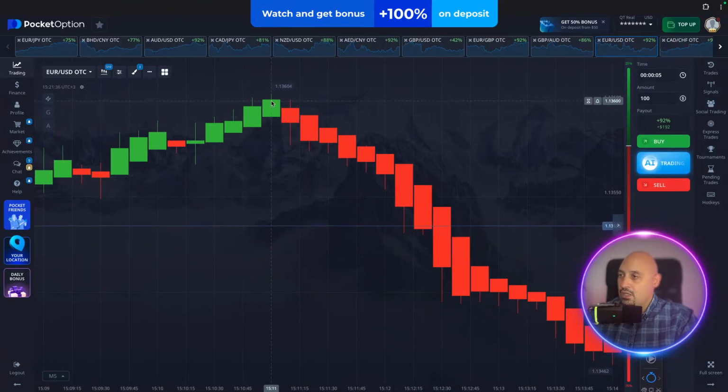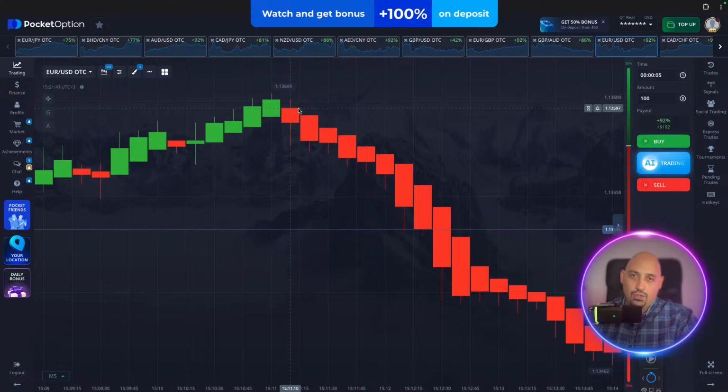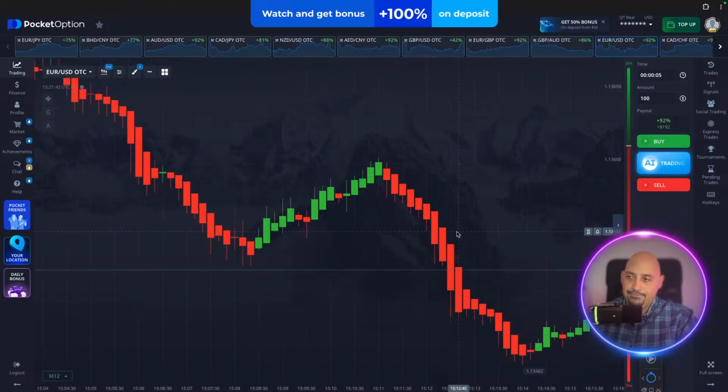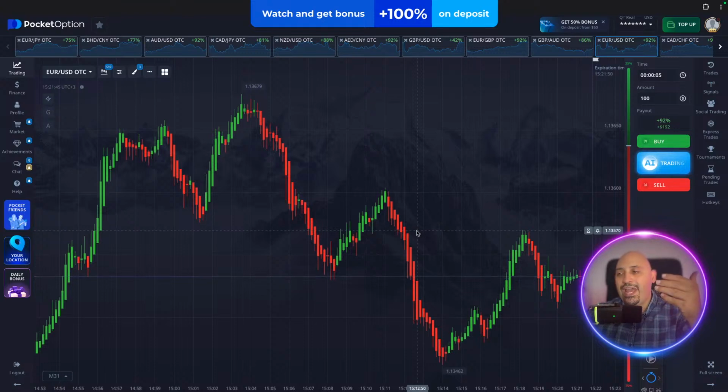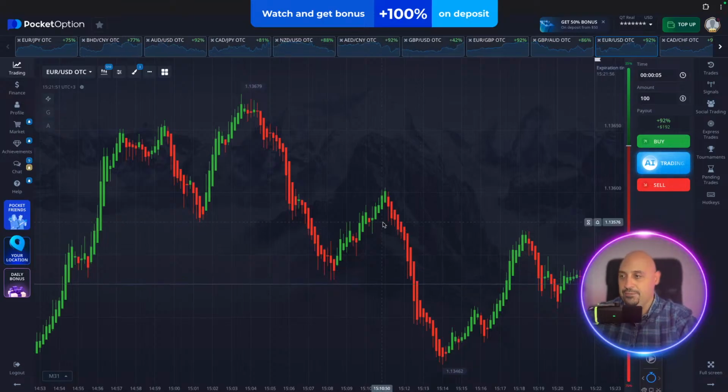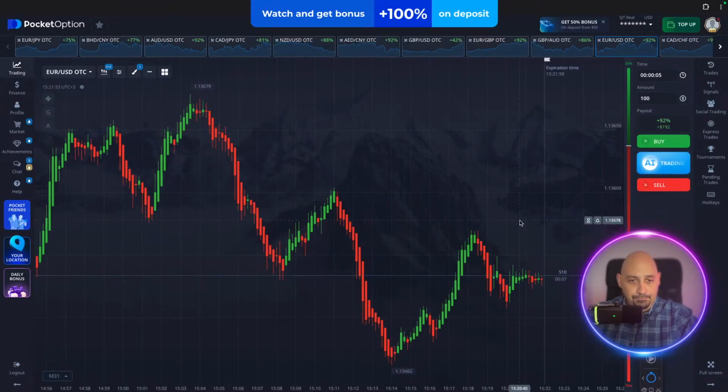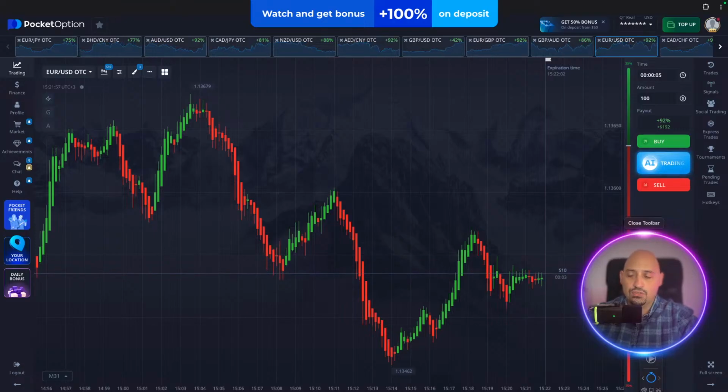We have the opening and closing, divided by 2, which is right over here, and then the next candle opens right next to it. That's technically it. This way, it averages the price to give you more of a trending diagram for you to be able to see better.